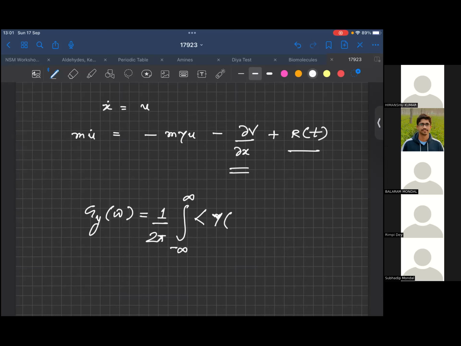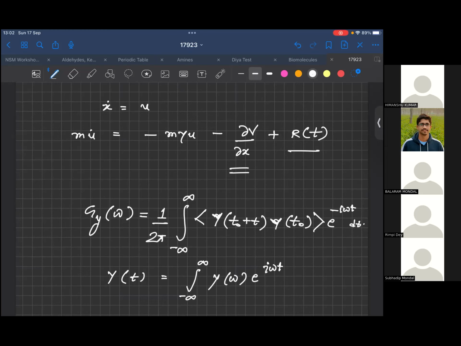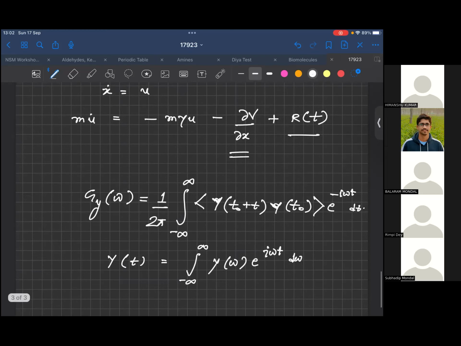It can be velocity. Taking the Fourier transform, and they have the correlation.